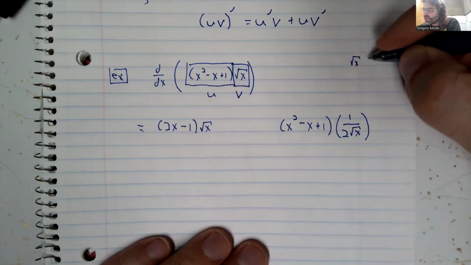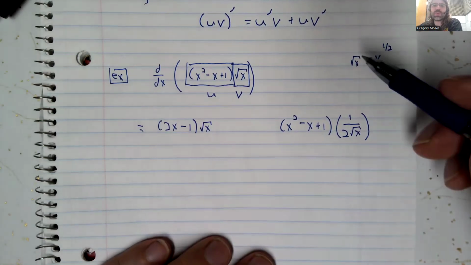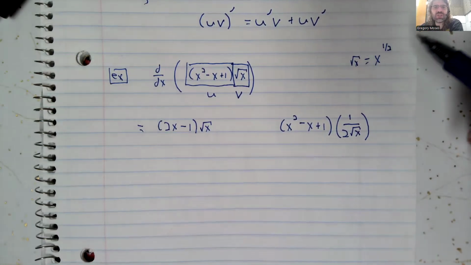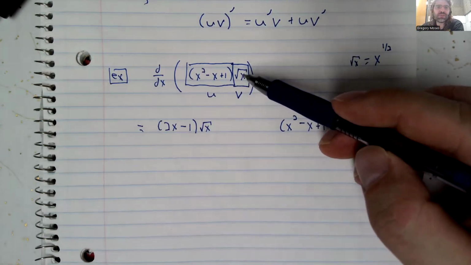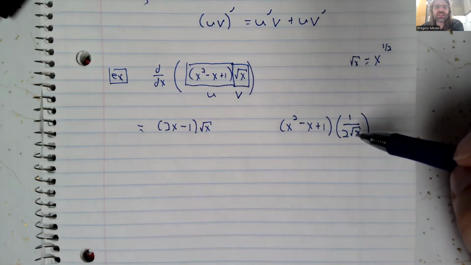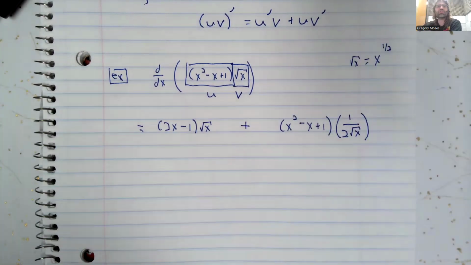If that is not clear, remember that the square root is a power. It's x to the 1/2. So I'm using the power rule to take the derivative of the square root of x and to get 1 over 2 the square root of x. And then once we found those, we add them together. So 2x minus 1 times the square root of x plus x squared minus x plus 1 times 1 over 2, the square root of x.